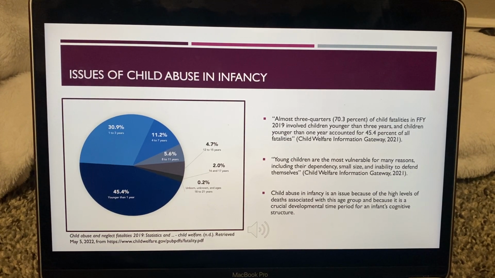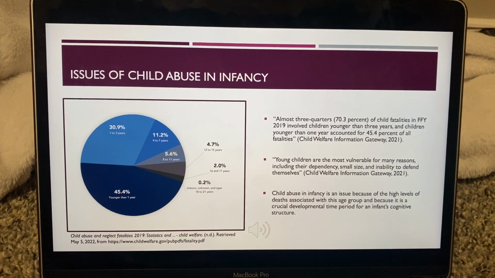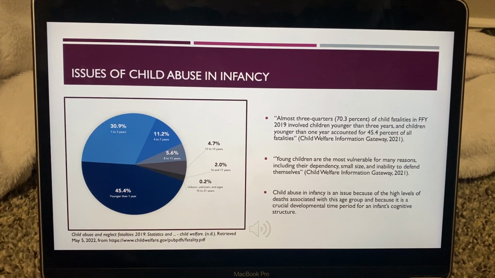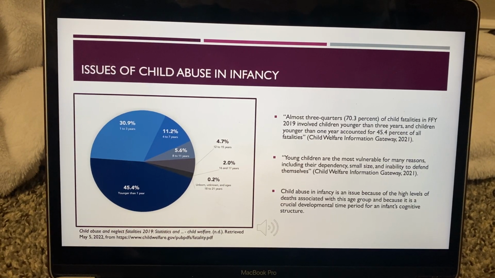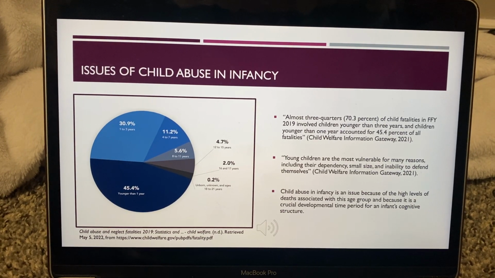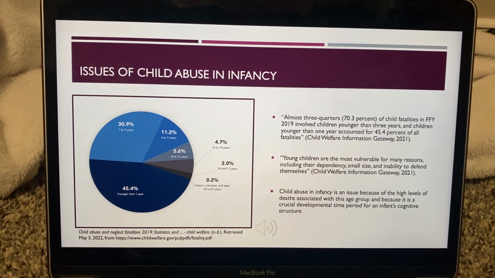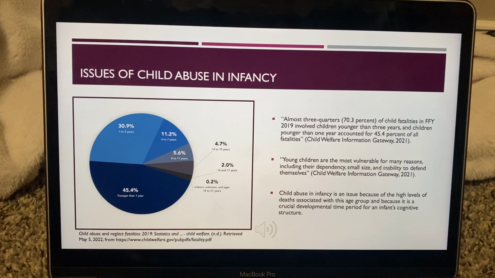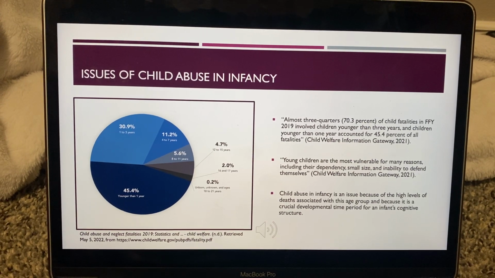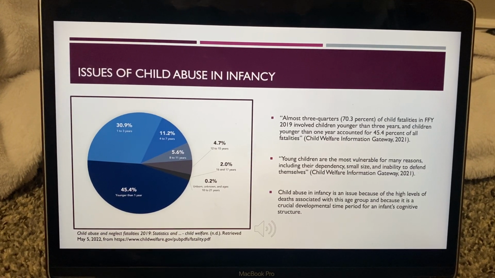Child abuse in infancy is a major deal because of the high levels of deaths associated with this age group, and because this time period is crucial for their cognitive development. The graphic to the left shows the fatalities from child abuse and neglect by age group. As you can see, younger than 1 year accounts for 45.4% of fatalities.